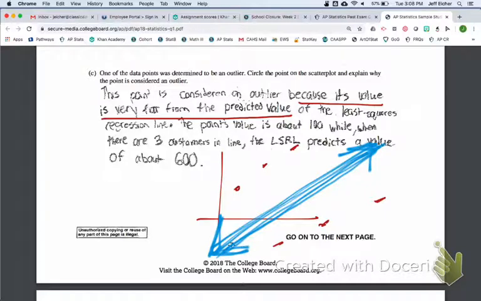Couldn't you say that all of these are very far away from their predicted values? So that's not sufficient. This would be scored a partial. They did circle the point correctly, but they did not explain well enough that the outlier is far away from the data, far away from the trend of the rest of the data. So they earned a partial.